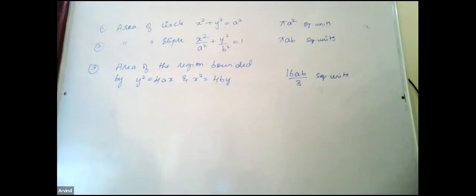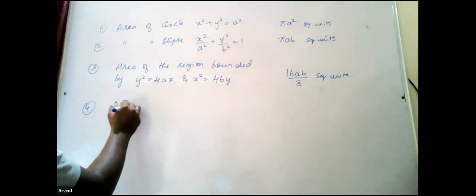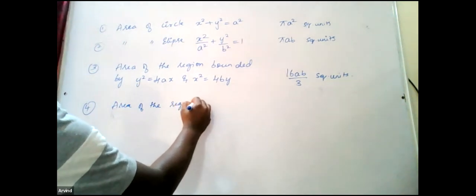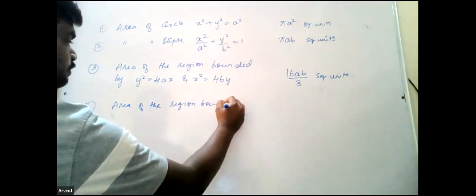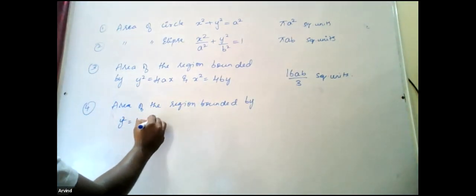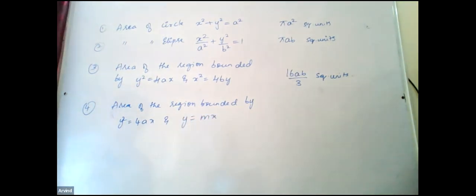So next one, between a parabola and a straight line, area of the region bounded by y square is equal to 4ax and a straight line passing through the origin, y is equal to mx.